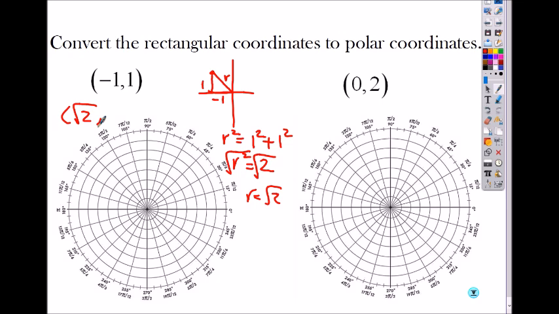Square root of 2 must be closer to 1 than 2. I believe it's 1.4. Can you guys check it? So it will be somewhere here, right? 1.4. And what's the theta? You can do arctangent. Just go ahead and find the reference angle and then subtract. It's in the second quadrant, so you will either subtract or add.